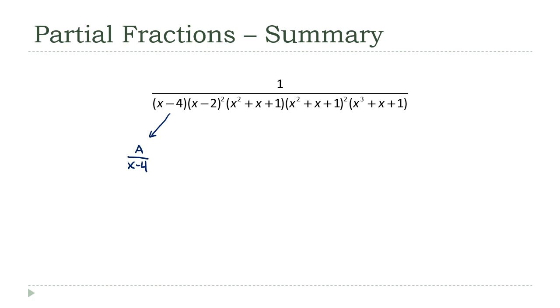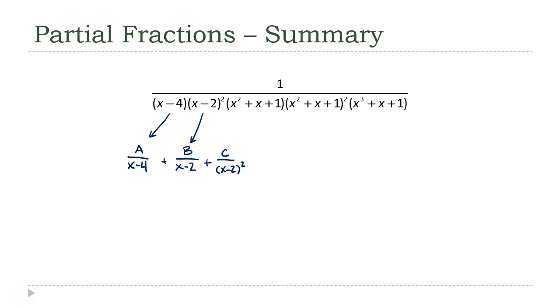If you have a repeated linear factor, then the linear factor appears once for each degree. So for example, I would have B over x minus 2 plus C over x minus 2 squared.